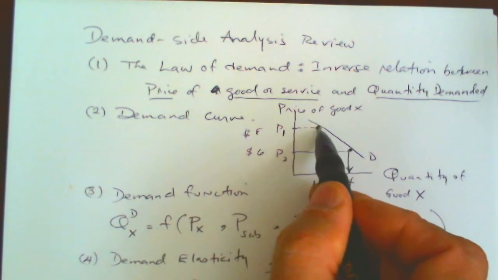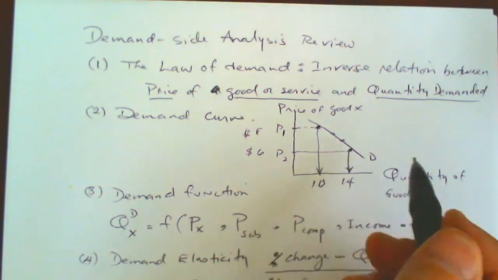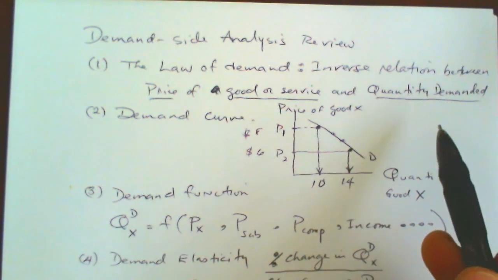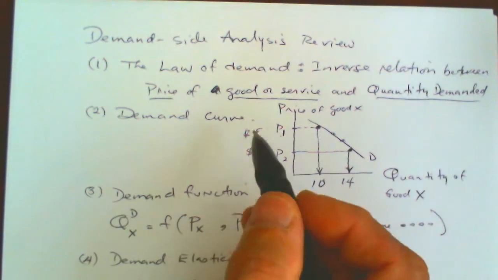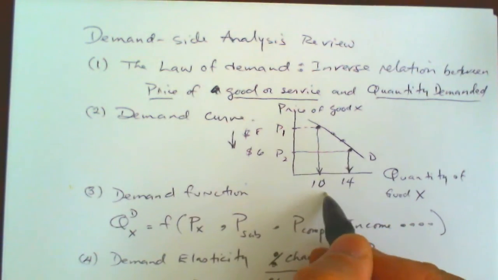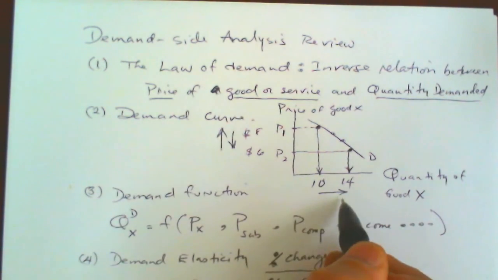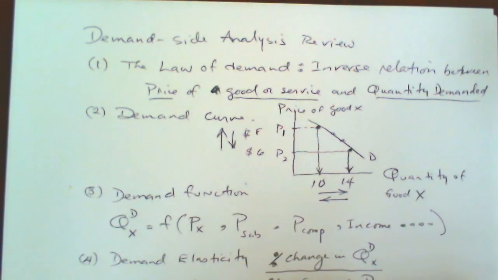And so if we connect these 2 points and anywhere in between, we end up with our demand curve reflecting different quantities demanded as the price changes. And of course here, as the price drops, quantity demanded will increase, and as the price increases, quantity demanded will decrease, and that is the inverse relationship.